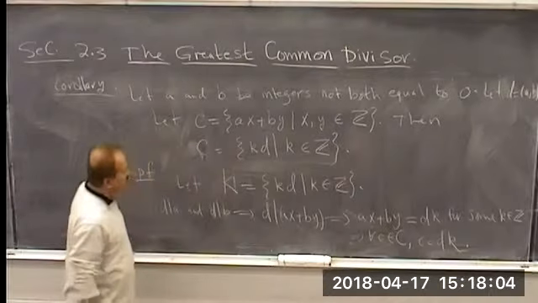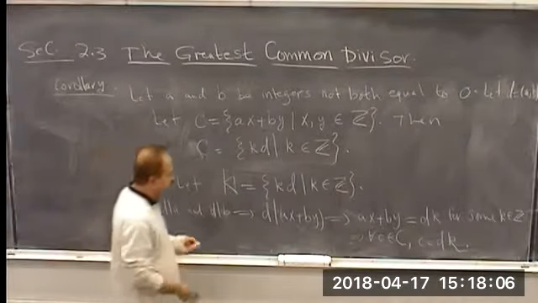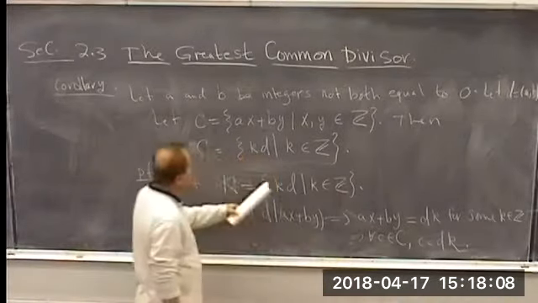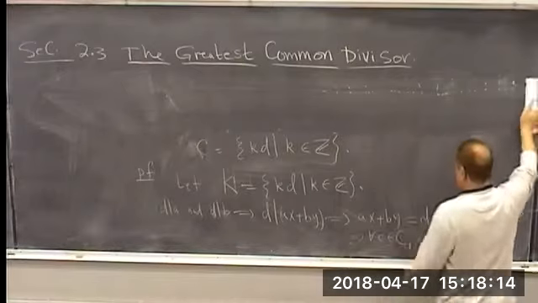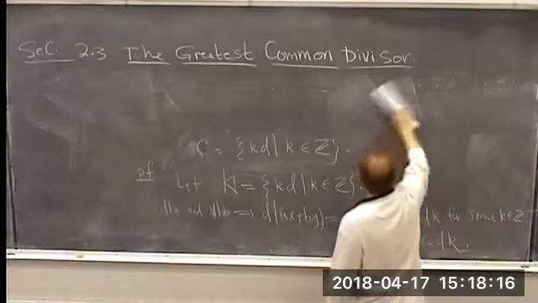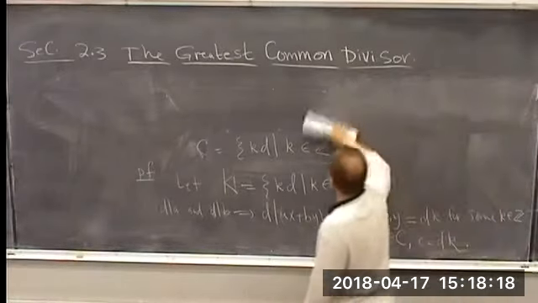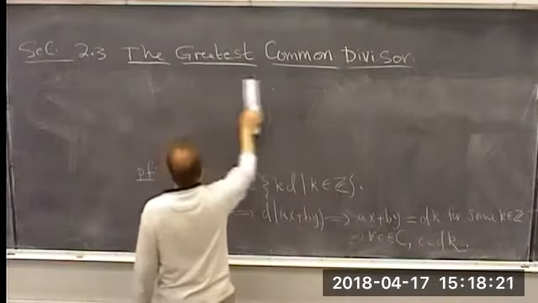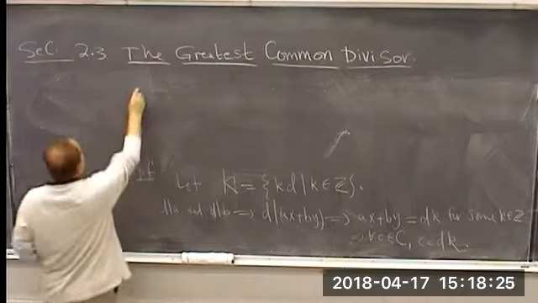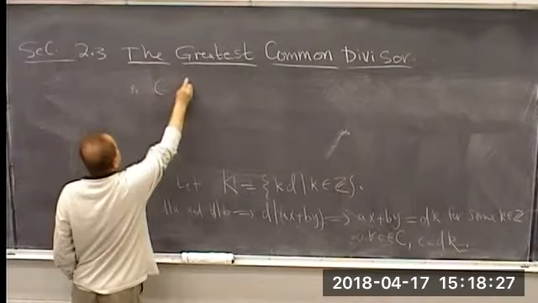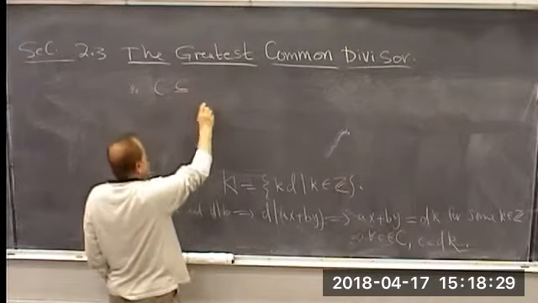This proves that C is contained in K, since any element in C has the form AX plus BY.